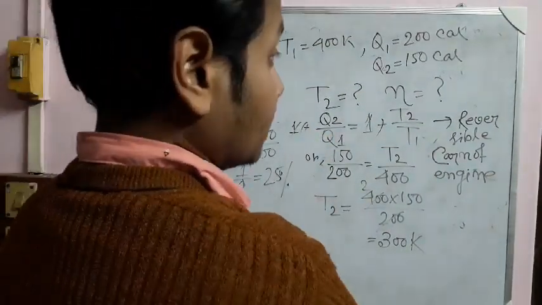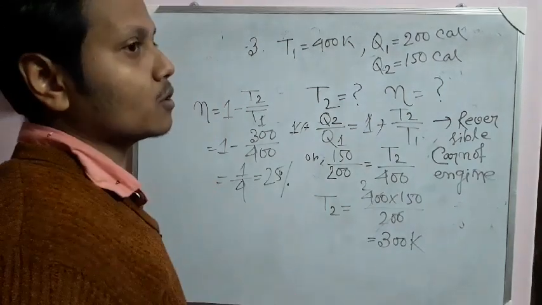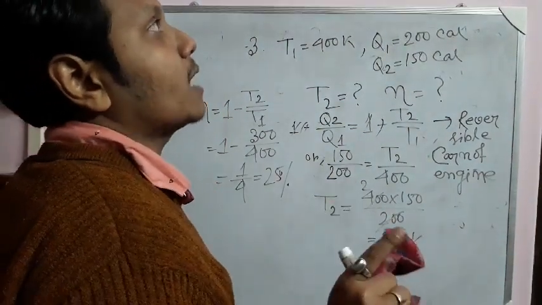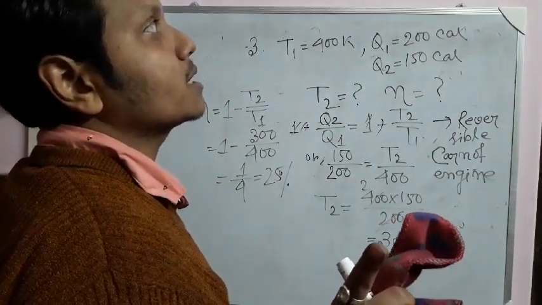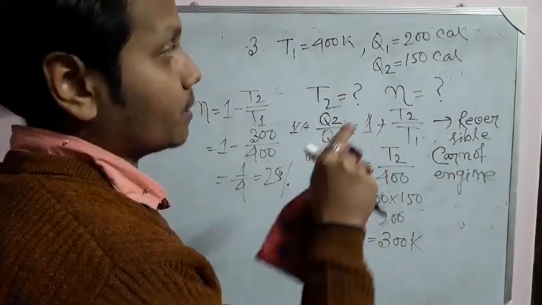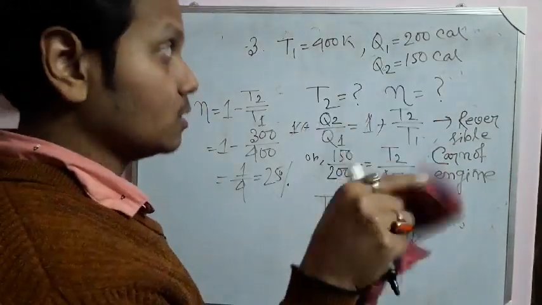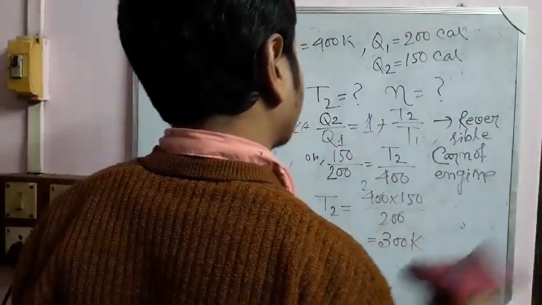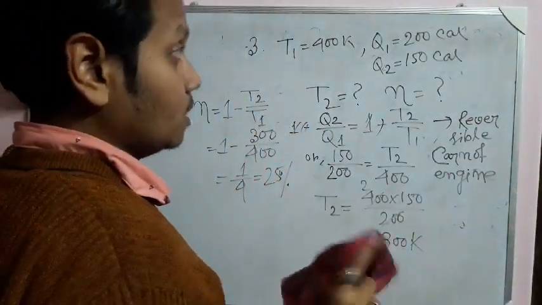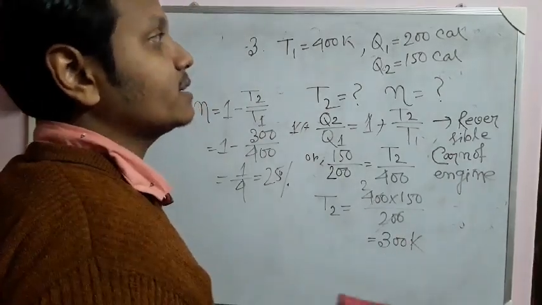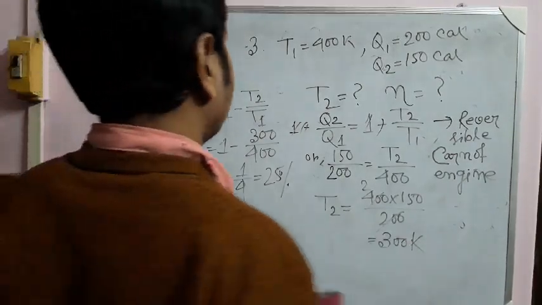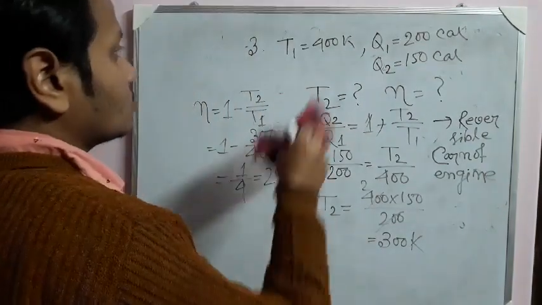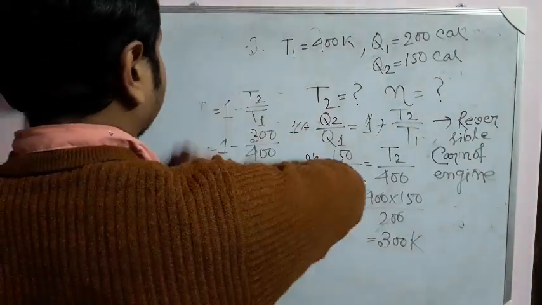You will get these from thermodynamics, or you will also get how to find the area of a Carnot cycle where a particular diagram is given. I will do that for you later. Later I will also solve that kind of problem. So this is the one numerical.